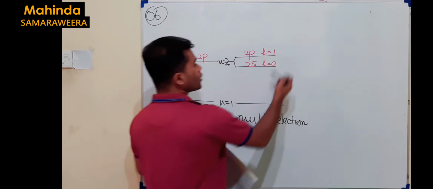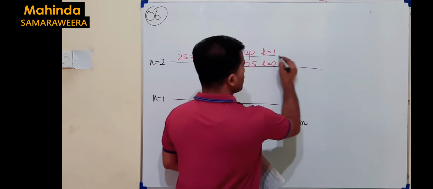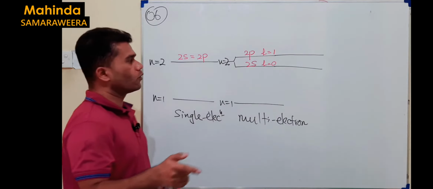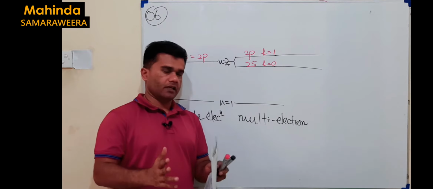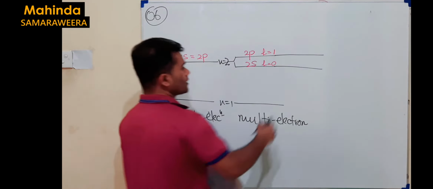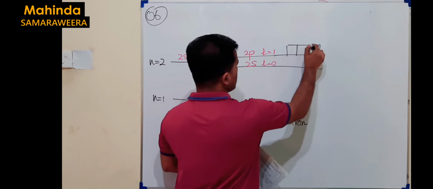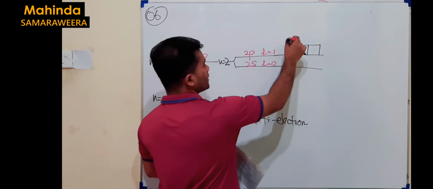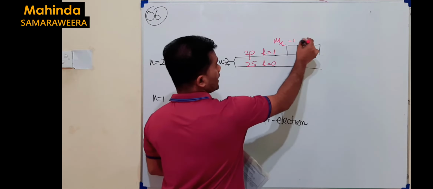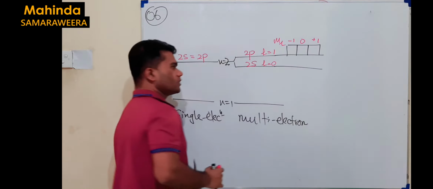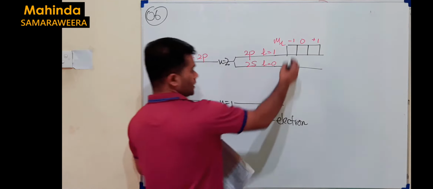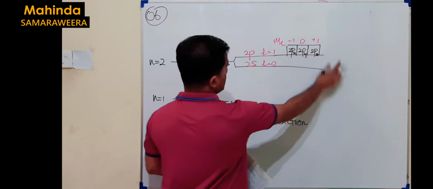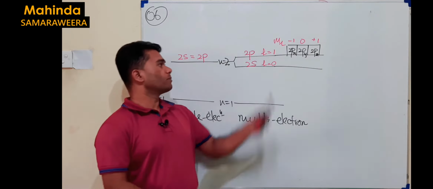But once you go to magnetic quantum number, does energy depend on magnetic quantum number? I take this one, L equals 1. If L equals 1, we can have 3 magnetic quantum numbers: -1, 0, +1. What magnetic quantum number gives us is the orbital. In 2p, we have 3 p orbitals. One can have ml of -1, one can have 0, the other can have +1. So this can be 2px, this can be 2py, this can be 2pz. These are the p orbitals found in the p sub-energy level.